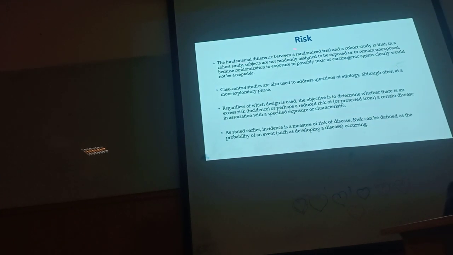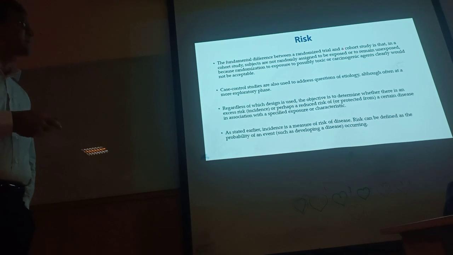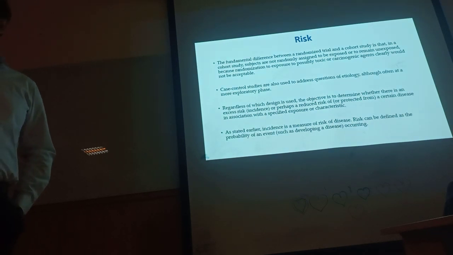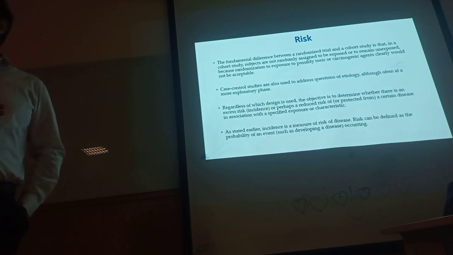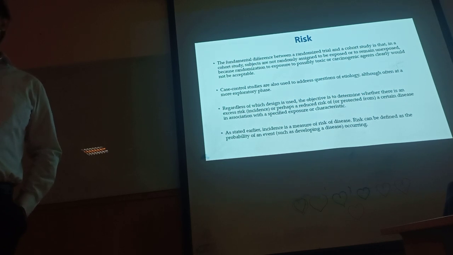The fundamental difference between a randomized trial and cohort study, as I mentioned, is that in cohort study, subjects are not randomly assigned to be exposed or remain unexposed. I discussed that because exposure is a potentially harmful exposure, we cannot actually assign people to these harmful exposures.